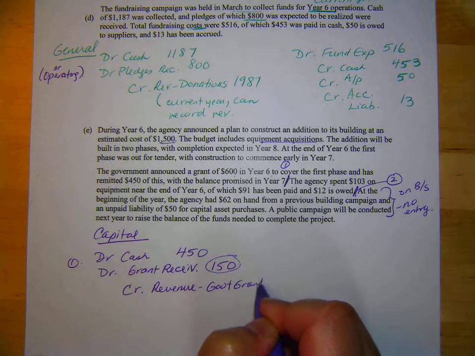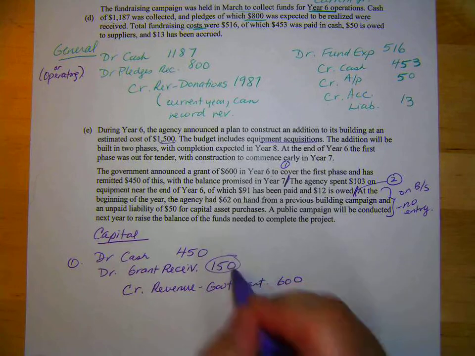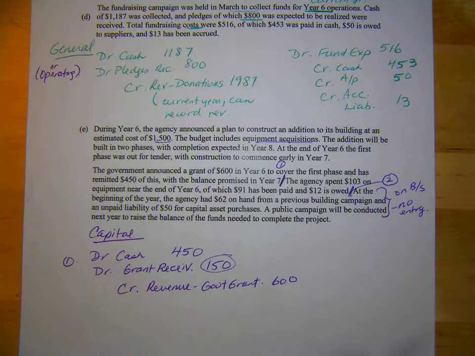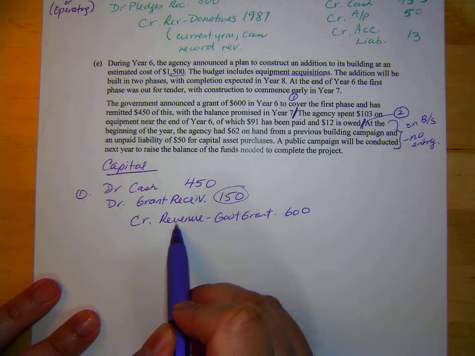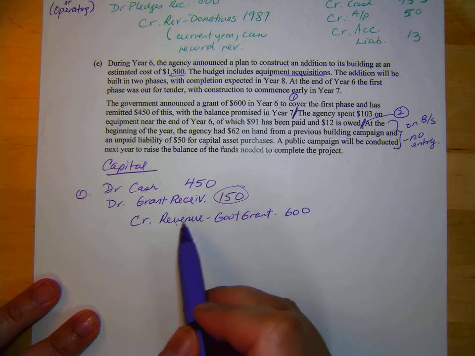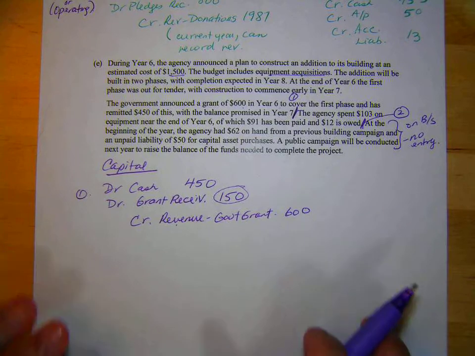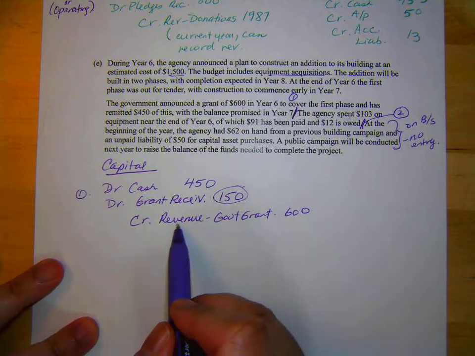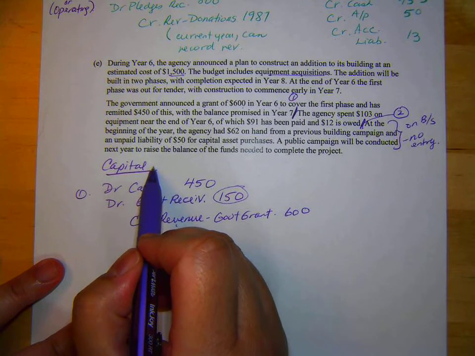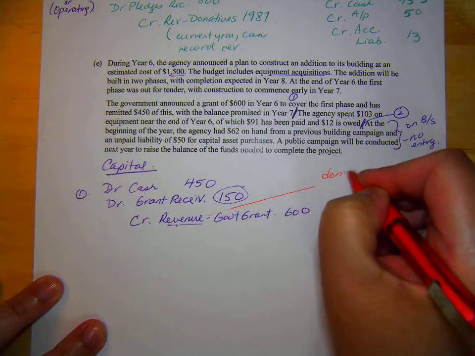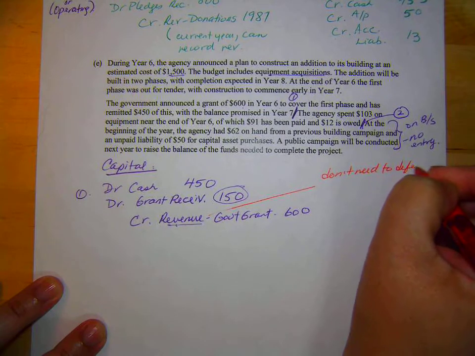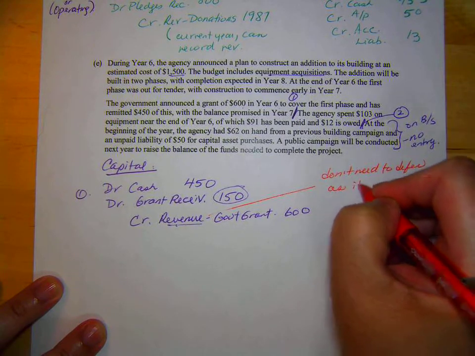So my question to you is, how come I can put it as revenue? I thought I was supposed to defer it and put it in deferred revenue until I spent the money. Well, because it's in its own fund, it can immediately be recognized as revenue. So we don't need to defer it, as it is directly in the capital fund.